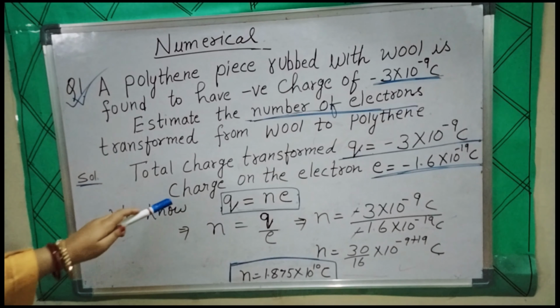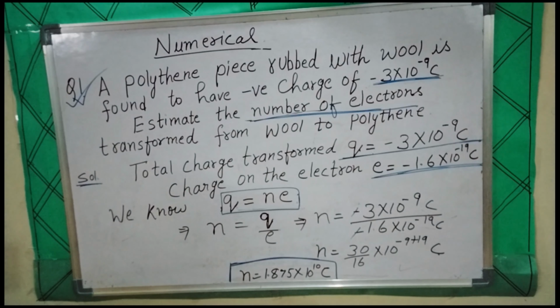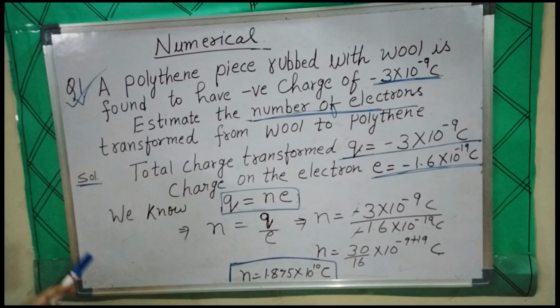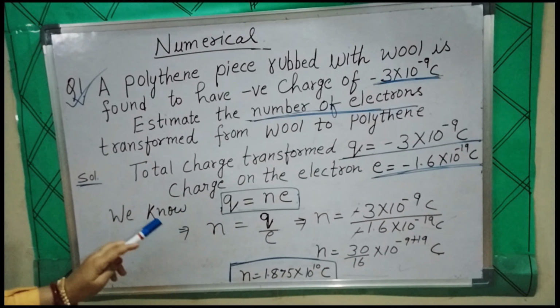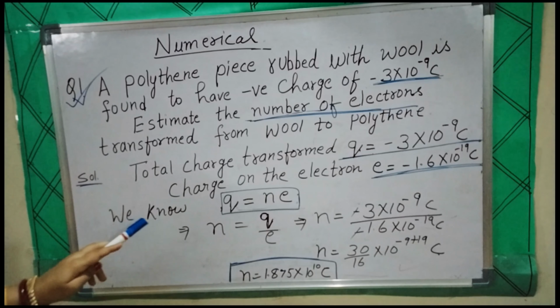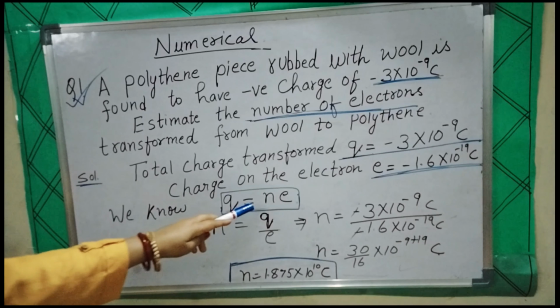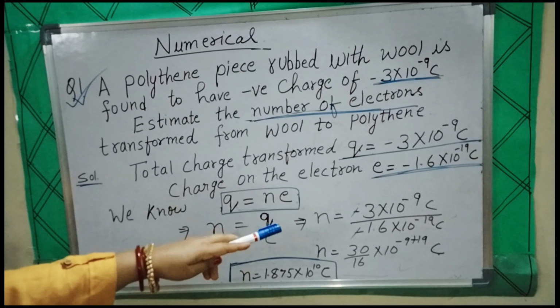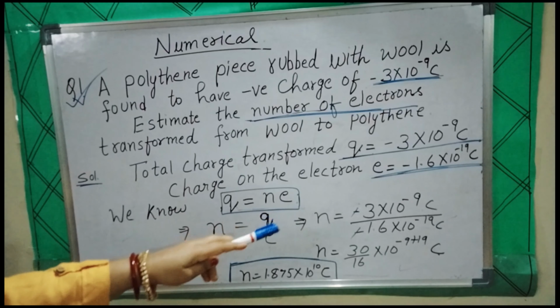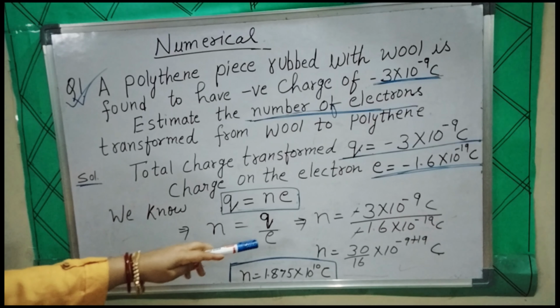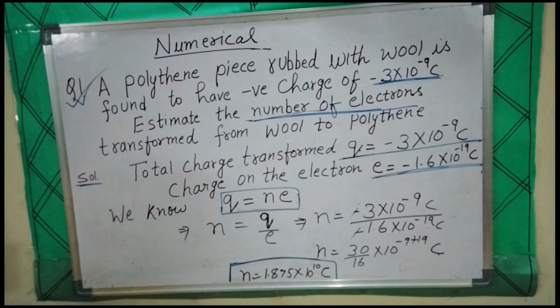And we know that the charge on the electron, e, is equal to minus 1.6 into 10 to the power minus 19 coulomb. According to the quantization of charge, we know that Q is equal to n e. So we have to find n. n is equal to Q by e, where Q is minus 3 into 10 to the power minus 9 coulomb divided by 1.6 into 10 to the power minus 19 coulomb.